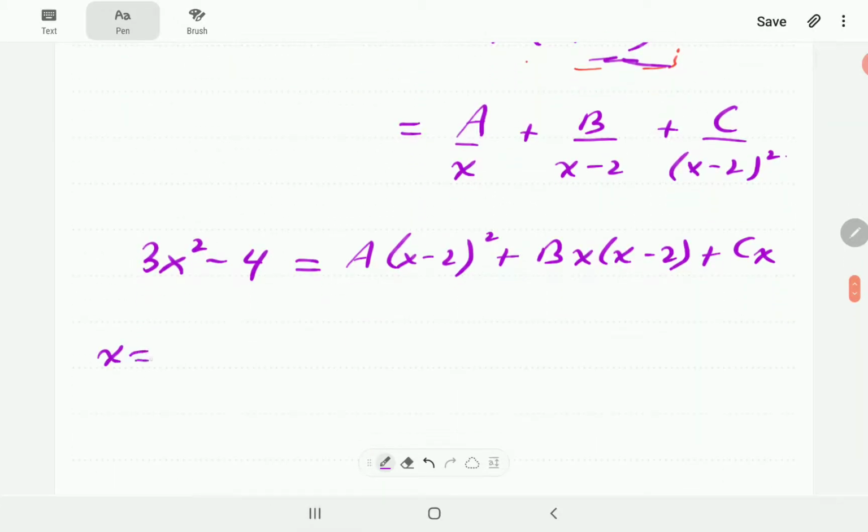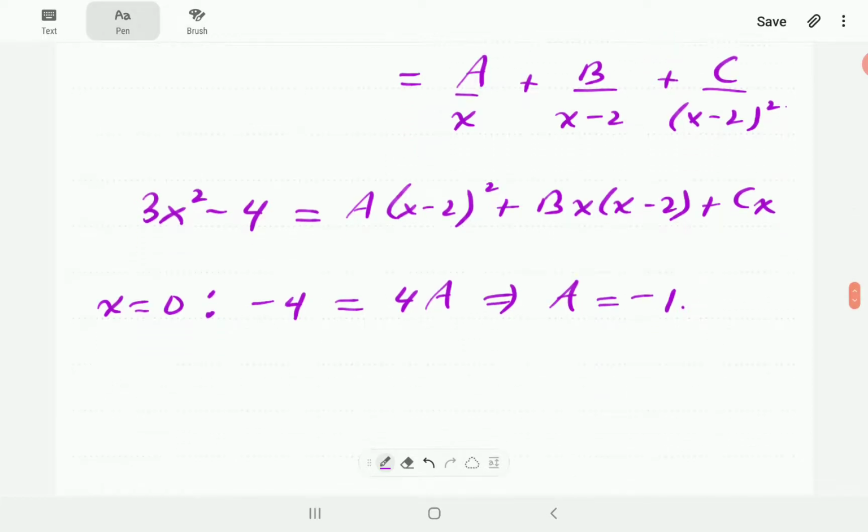So if we plug in x equals 0, the left hand side is going to be minus 4. This is going to be 4A. This term is going to disappear, and this one is going to disappear. So A is equal to negative 1.